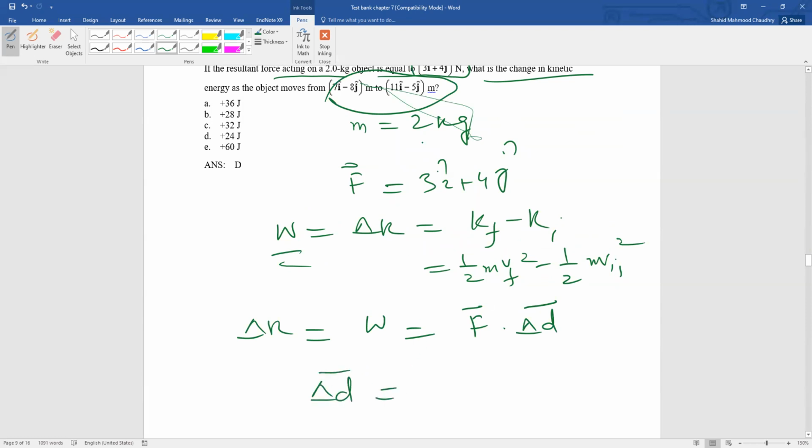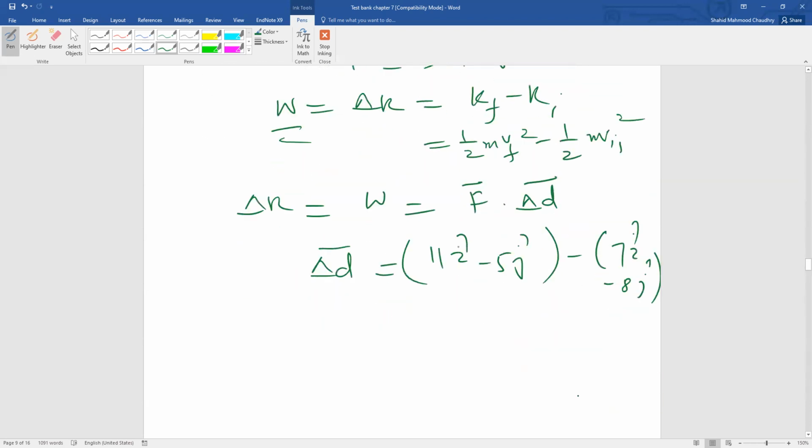Delta D is the final point, 11i minus 5j, minus the initial point, 7i minus 8j. This is given. So you can find the delta D: 11 minus 7 is 4i, and minus 5 minus of minus 8 is plus 3j. This is delta D.